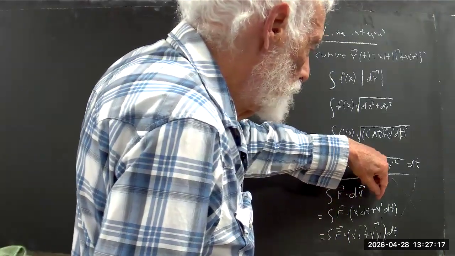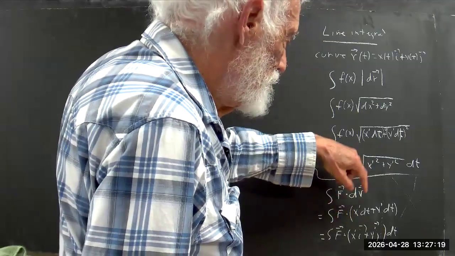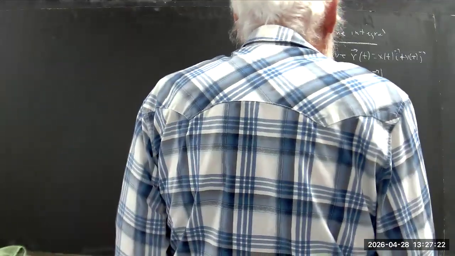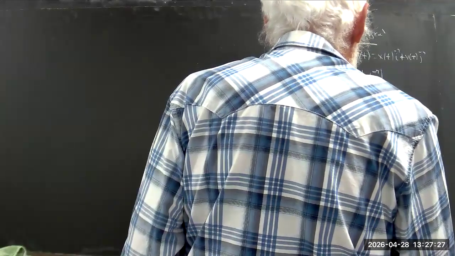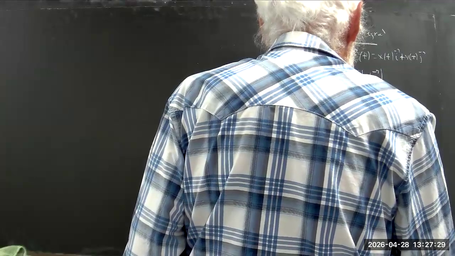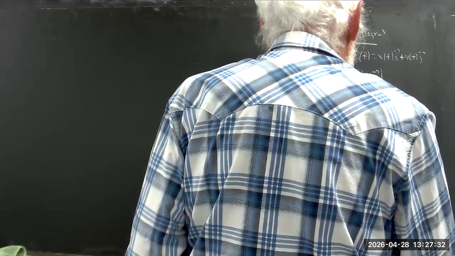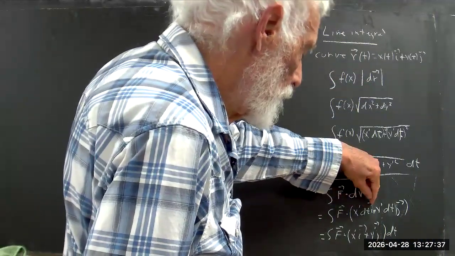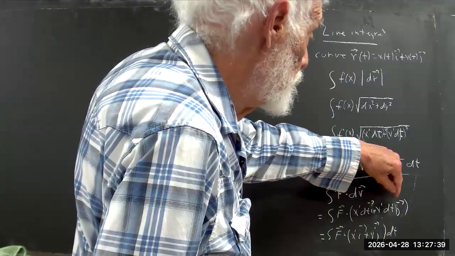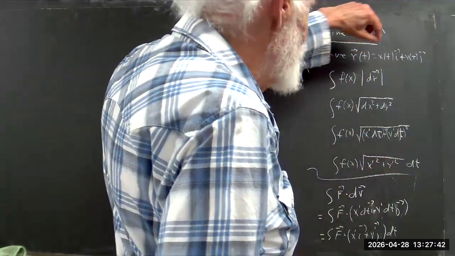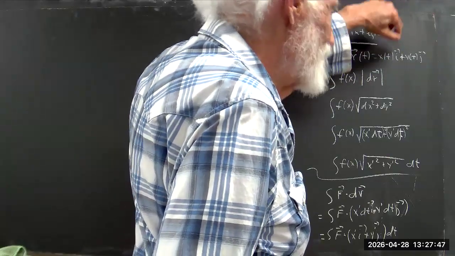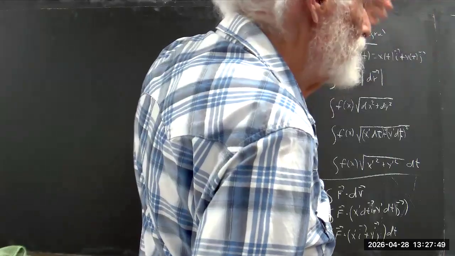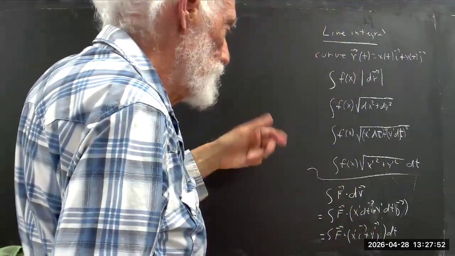I left my i and j vectors off. There's an i, there's a j. It's x prime dt times the i vector plus y prime dt times the j vector. Because if you take the derivative or the differential of this thing where x is the i component, y times the j, you're going to get the i and j components down here.